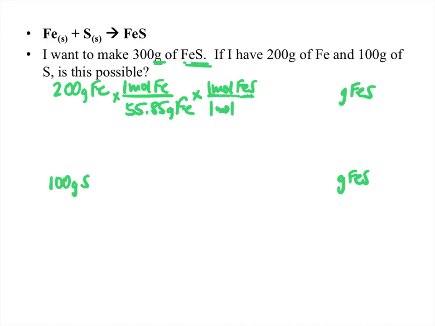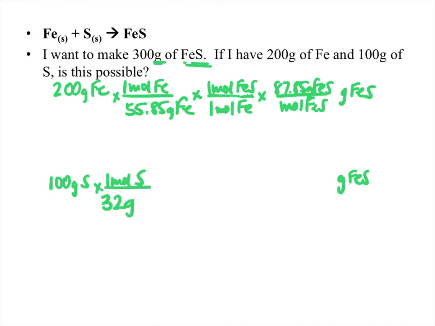But I'm still writing it. Don't skip the step. And then the mass of this one is about 87.85 grams per mole, FeS. Other setup, 1 mole of sulfur, 32 grams of sulfur. We have a 1-to-1 ratio of the iron 2 sulfide to the sulfur from the equation. Convert that into grams.